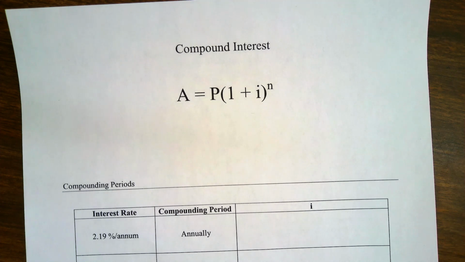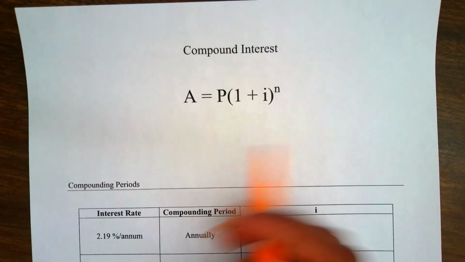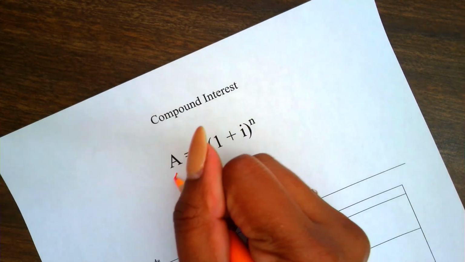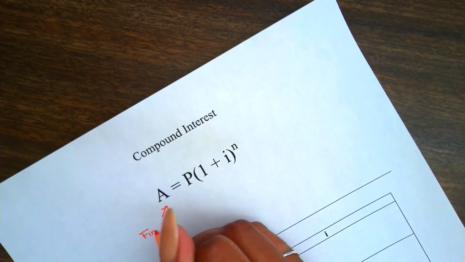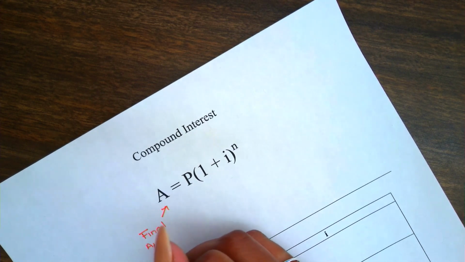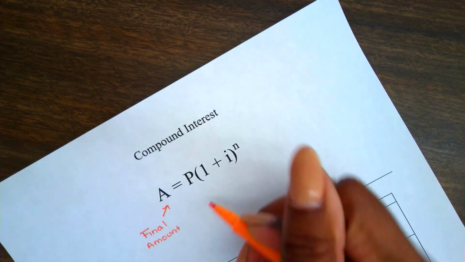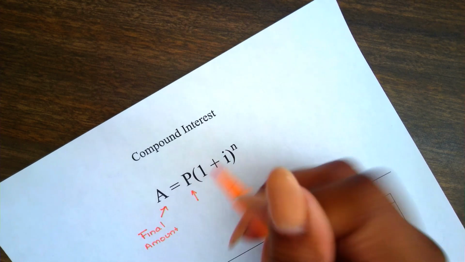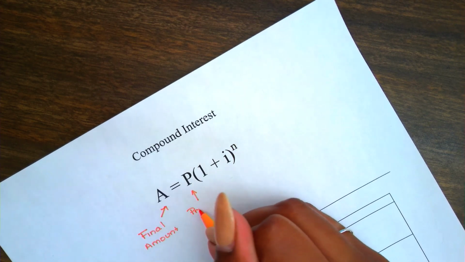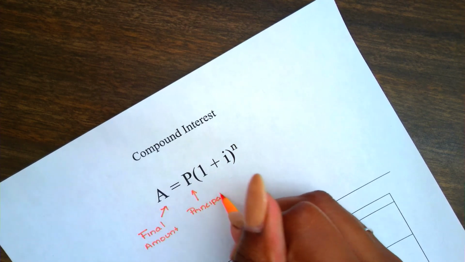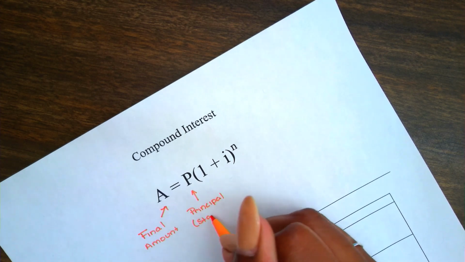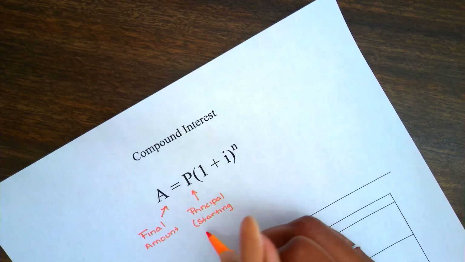Okay. So just to refresh your memory, this is the formula for compound interest. A represents the final amount that I'm looking for. P represents the principal, which is my starting amount.